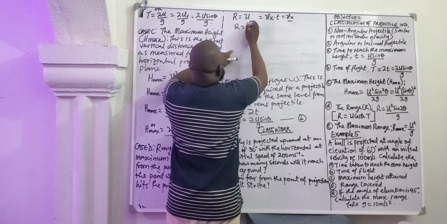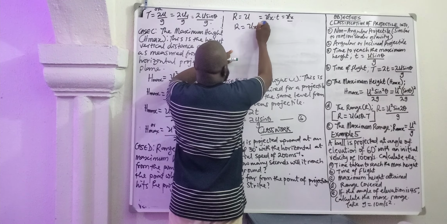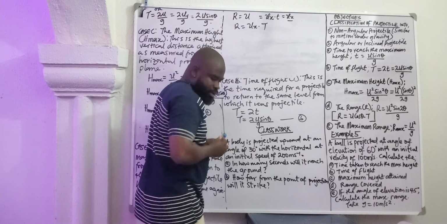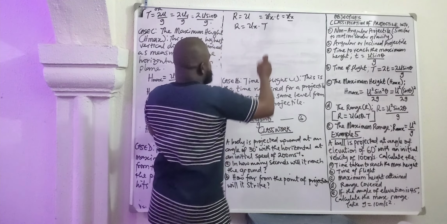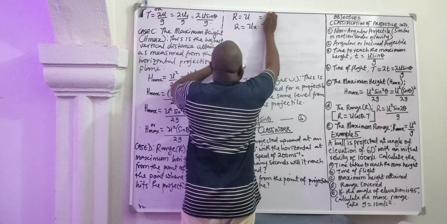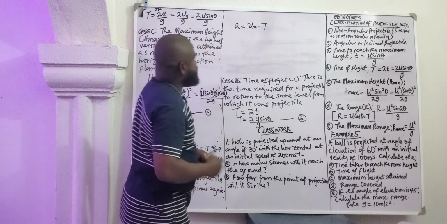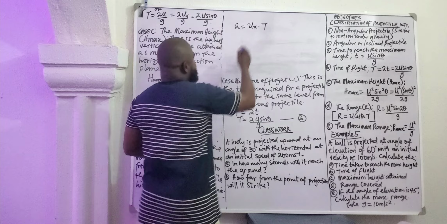So range is actually now ux times capital T. Why am I using capital T? Because I'm considering the full length of projection. So the range is ux times the time of flight in this case.